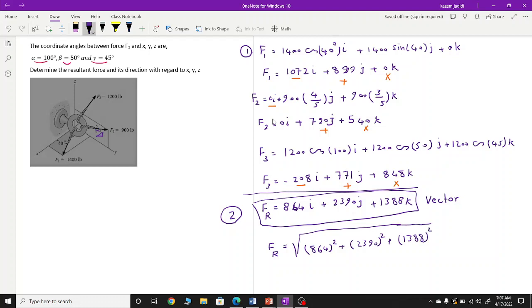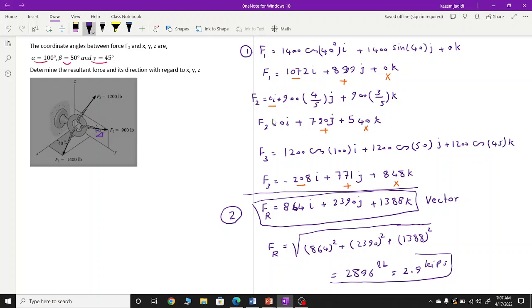If you solve it, it's going to be equal to 2896 pounds, or we can just write it 2.9 kips. So you see that this is a scalar value. It's not a vector, it's a number.